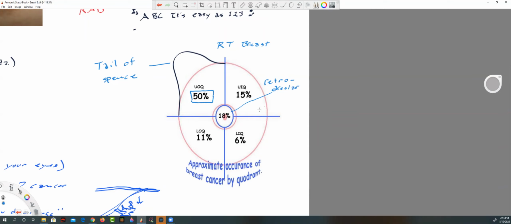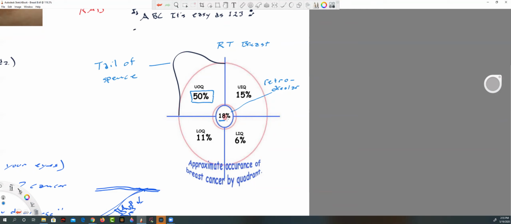The retroareolar. That's why I'm telling you guys, that's no small number. You roll the nipple. You got to get under that nipple and get a good look at it, because that's where the second... when you consider it's the smallest area of the 5, I guess.